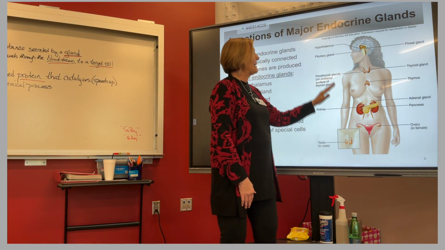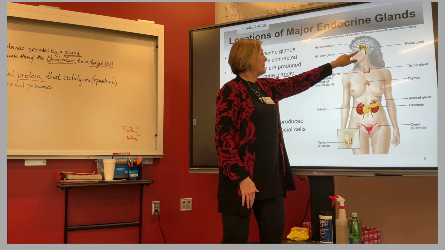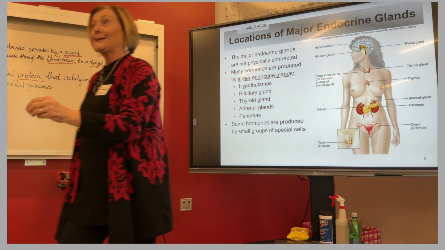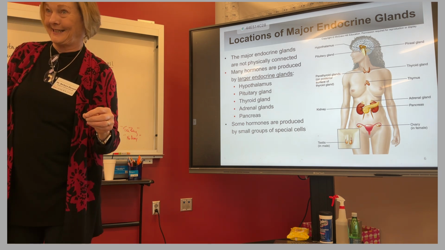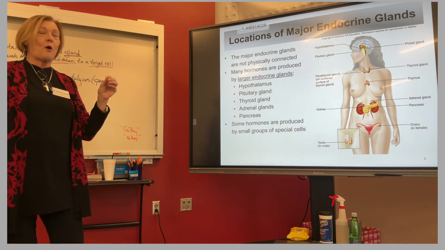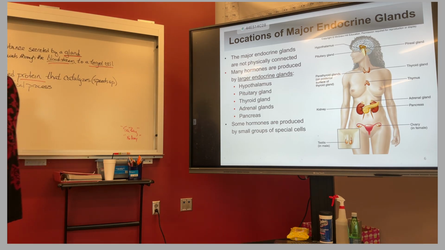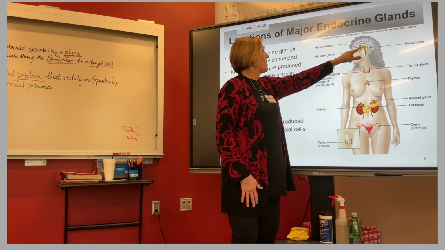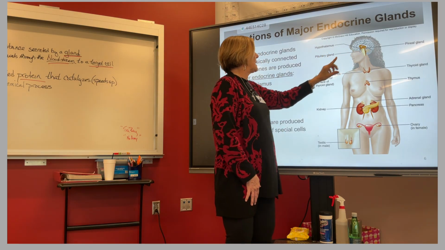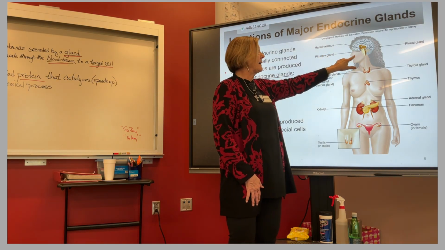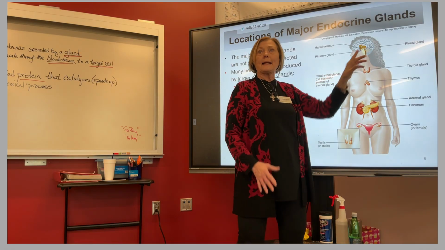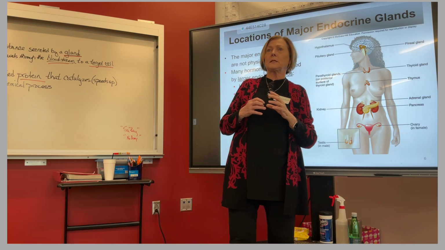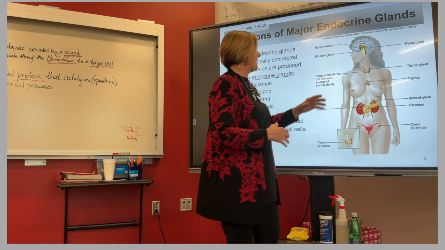You'll get the lines, but what you will not get are the words. There are 10 of these on here, and on this top one, you're gonna fill in hypothalamus. Here, you're gonna put pituitary gland. Here, pineal gland, and we're gonna cover all of these. This is just the lab identification portion.